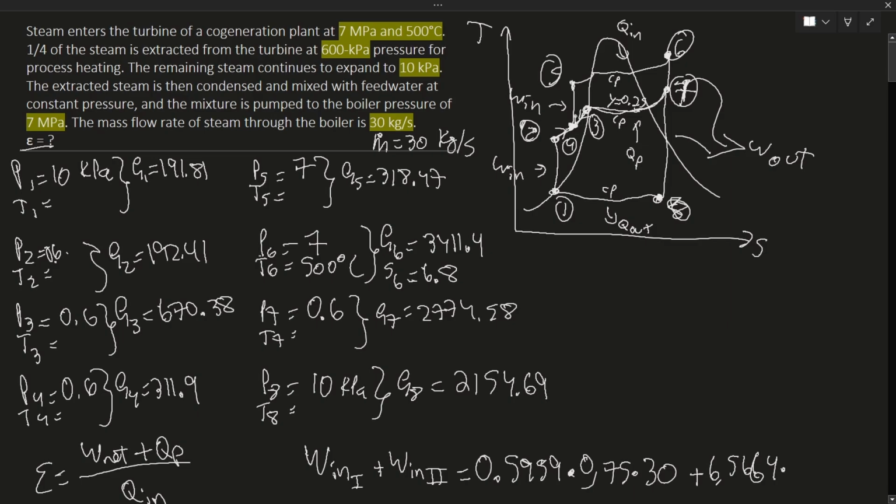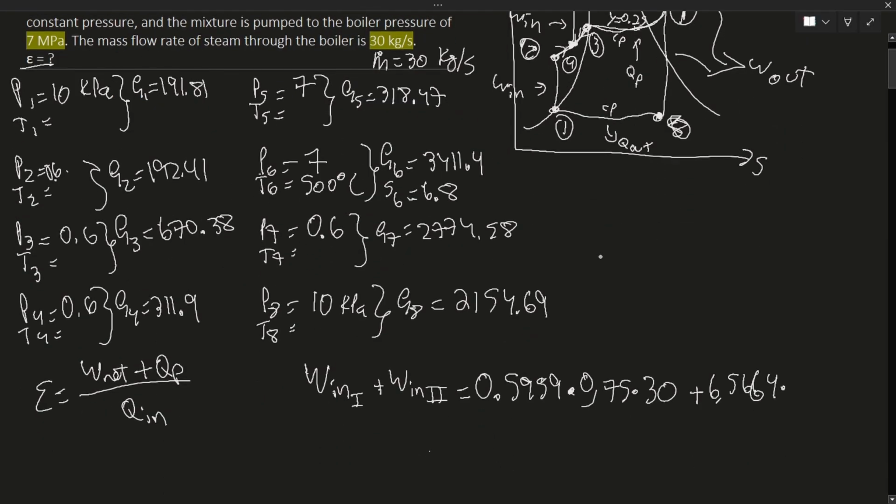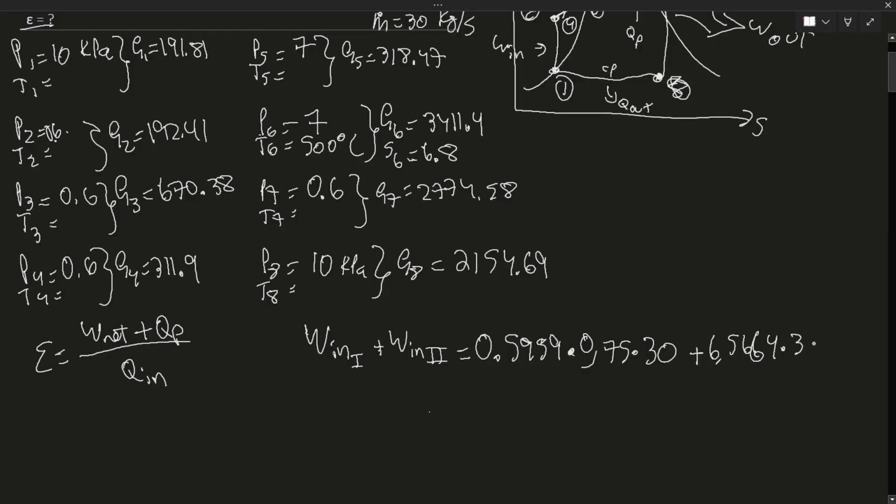So beyond 0.4, this entire part over here, you're considering it to be 100% of the water. So it's just equal to 30. Calculating this, the total work being done on the system is equal to 210.4 kilowatts.